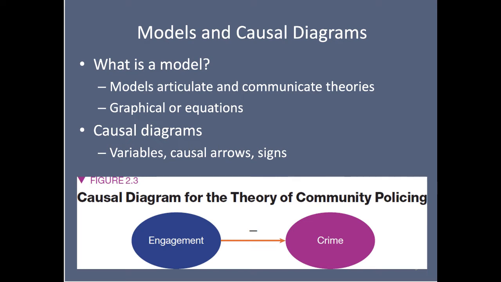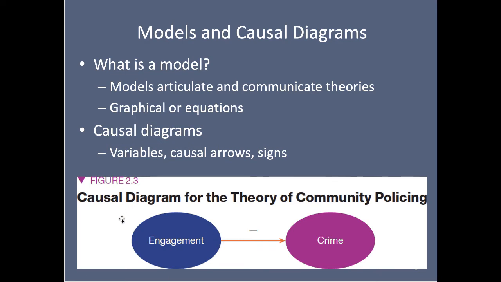The models we're going to use in social research are typically graphical or equations, and we're almost always going to use graphical ones. We're going to use a particular kind of model, which is used in a lot of causal research. They're often called causal diagrams.